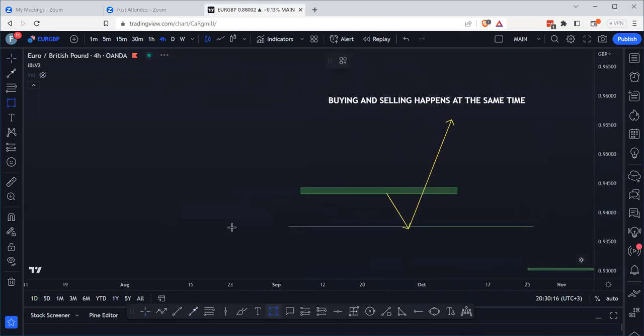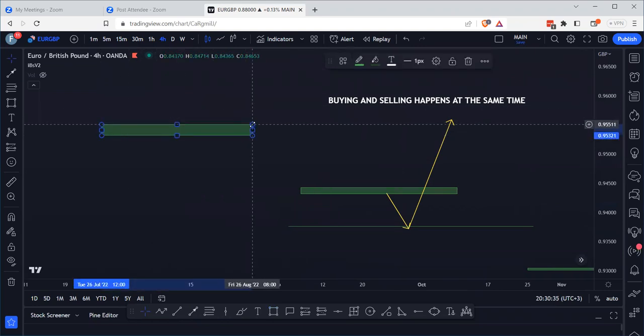On the flip side, if they want to sell a particular currency, for them to sell, that means there has to be people willing to buy. That's the only way they can sell. So let's say over here is a resistance zone.